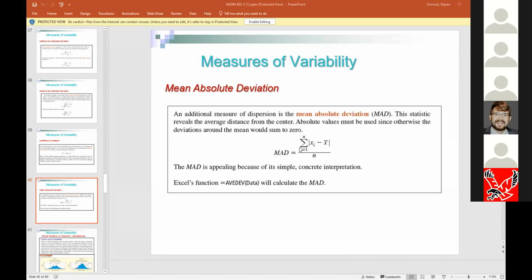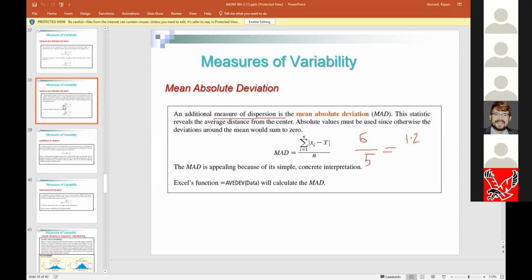So for mean absolute deviation, we got 6, divided by 5. Mean absolute deviation is also a measure of dispersion. How much is it coming to? 1.2.